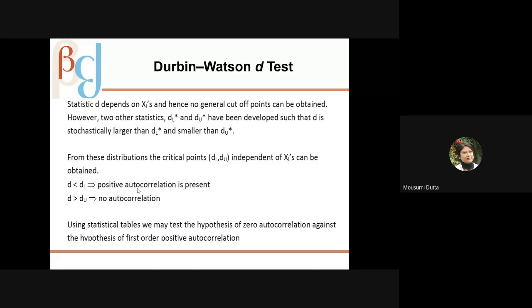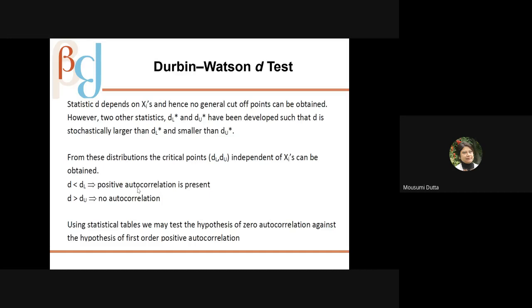After several research, they identified these two points which are independent of X size. These are externally given. So from these distributions, the critical points DL, DU, independent of X size, can be obtained.